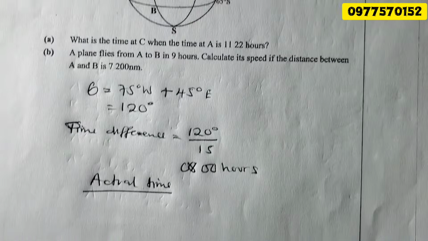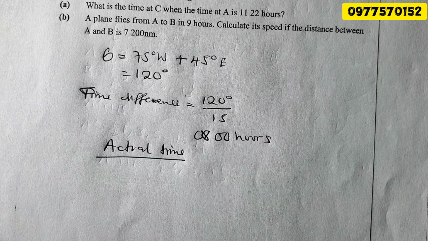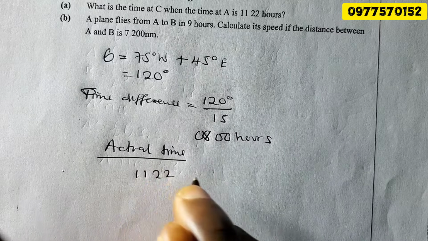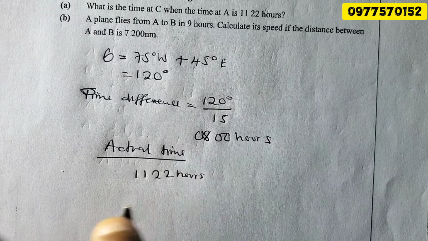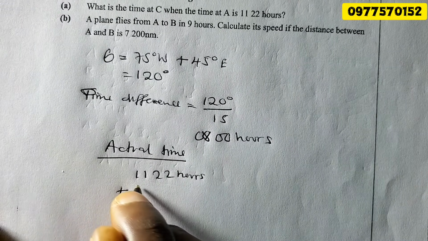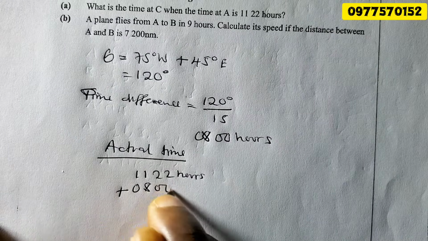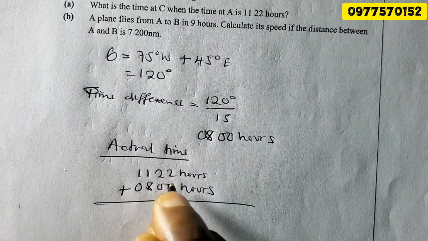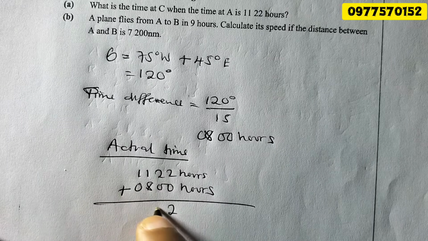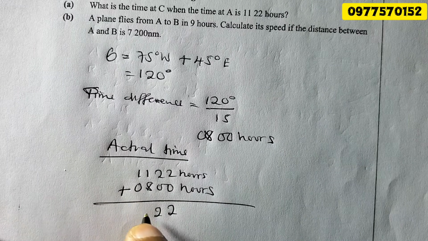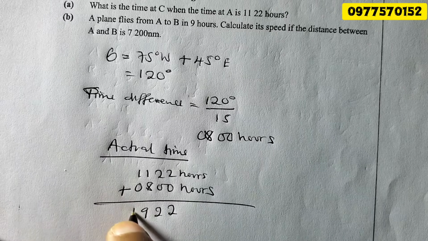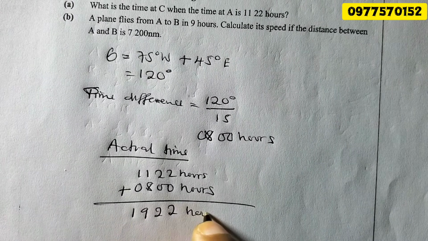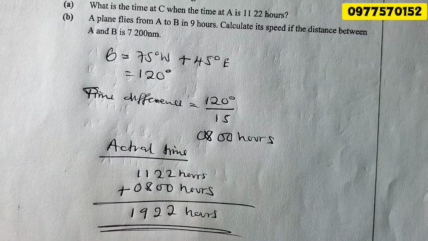So here we are going to add the actual time, which is 11:22 hours, plus the time difference, which is 8 hours. Okay, so 2 plus 0 is 2, 2 plus 0 is 2, 1 plus 8 is 9, 1 plus 0 is 1. So this is the answer.